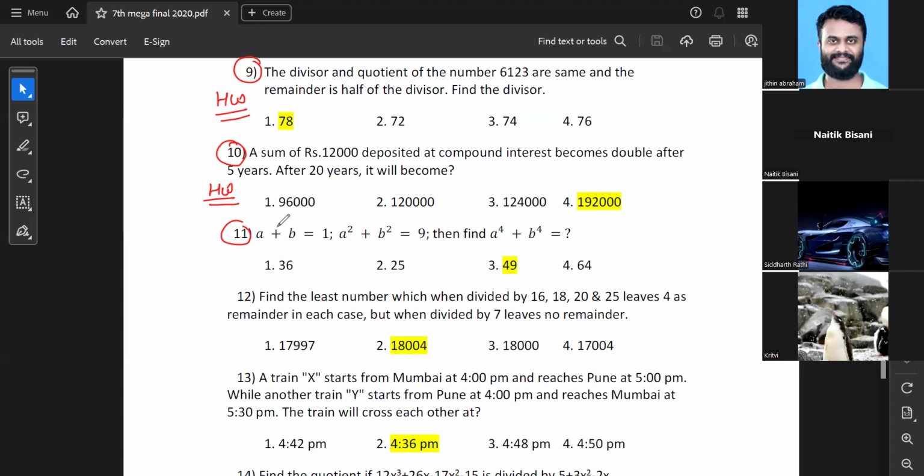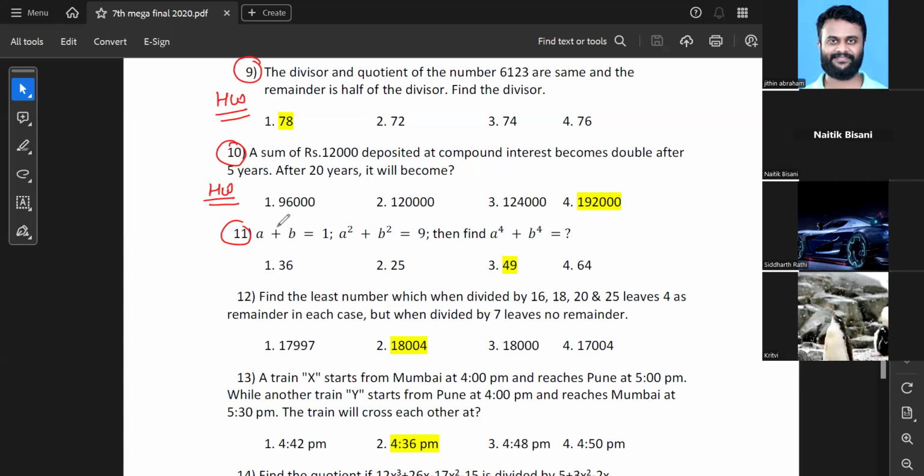Then with that value, I did a square plus b square the whole square, which is equal to a square the whole square plus 2 into a square into b square plus b square the whole square, which gives me 9 square is equal to a raised to 4 plus 2a square b square plus b raised to 4.